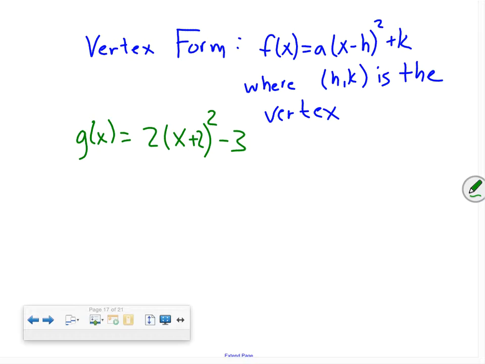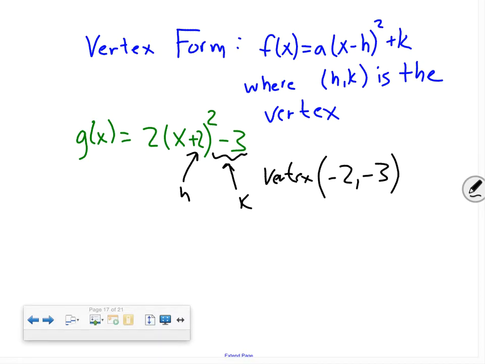If I wanted to know what the vertex was, I would look at this spot to figure out my h or my x value, and I'd look at what's being added or subtracted to figure out k. So in reality, the vertex for this function, g of x, would be at (-2, -3).